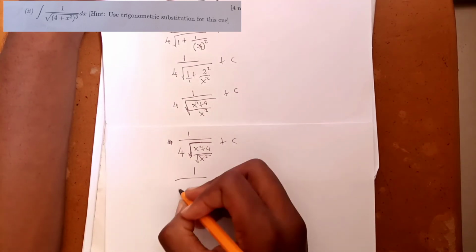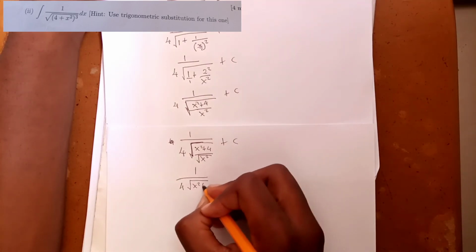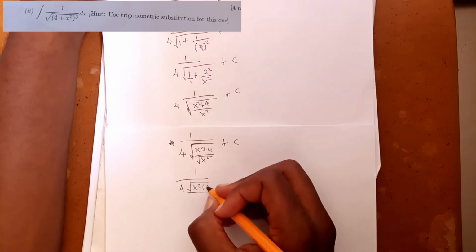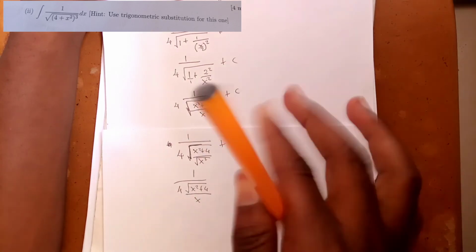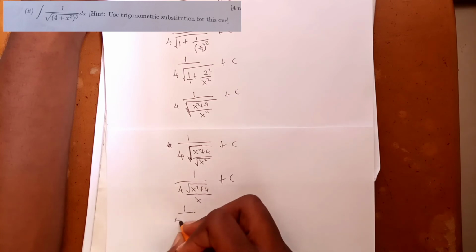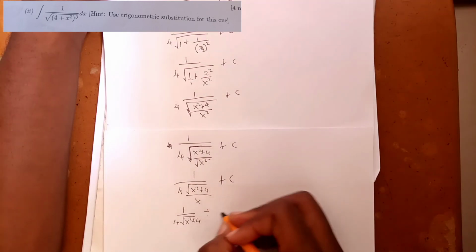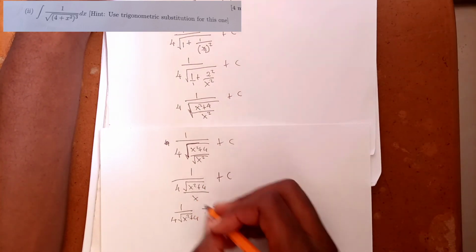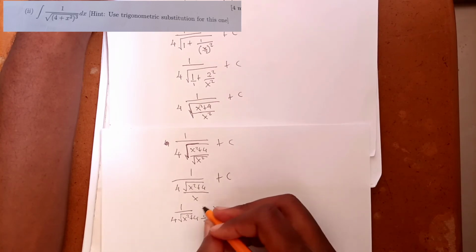So now we have 1 over 4 square root of x squared plus 4 over the square root of x squared. The square root of x squared is just x, then x is in the denominator, so now we can push it to the numerator. Or we can say 4 the square root of x squared plus 4, divided by x.